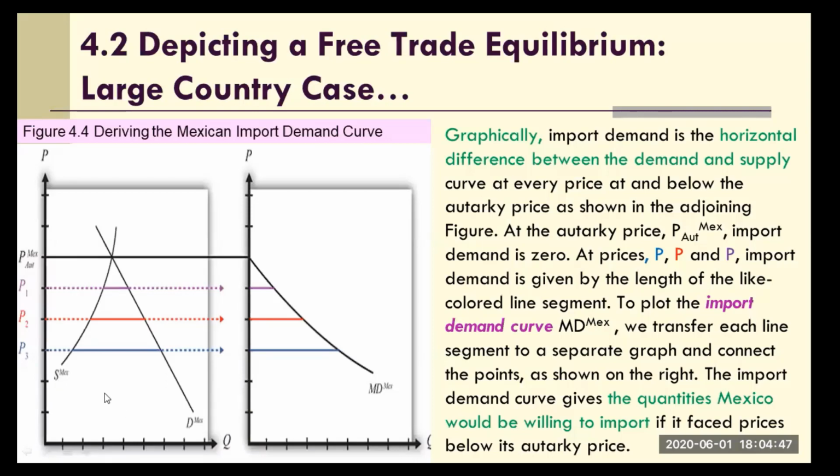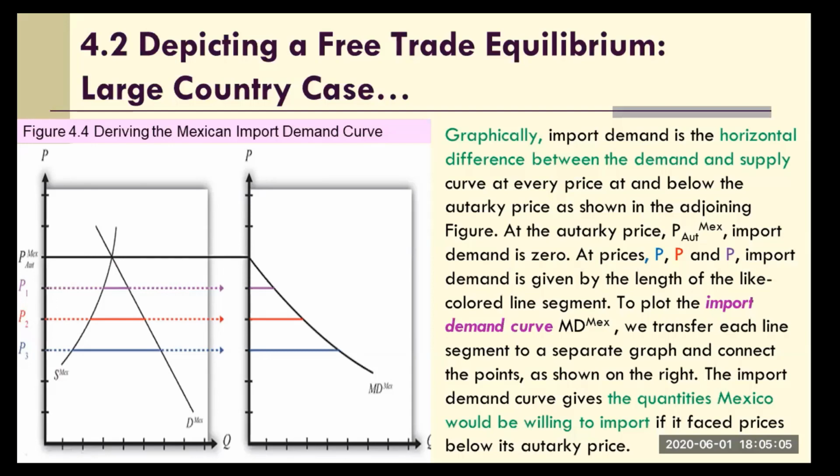Here is Mexico at autarky, where demand and supply are balanced at the local price.